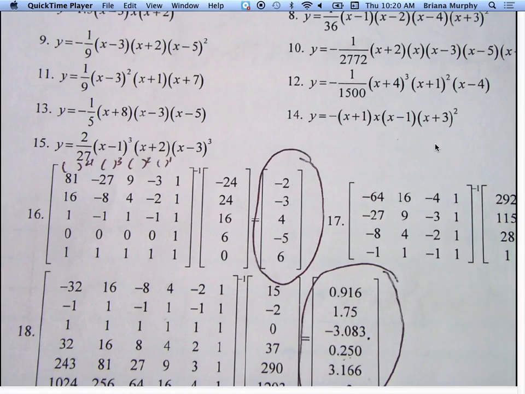16. We should get -2, -3, 4, -5, and 6. I'm going to repeat it. Number 16, we should get -2, -3, 4, -5, and 6.